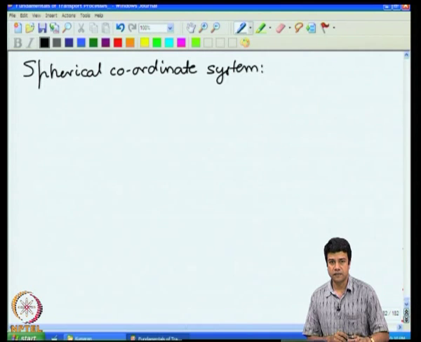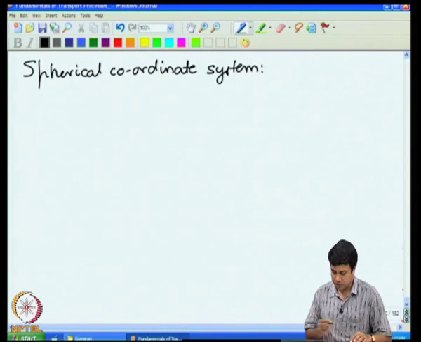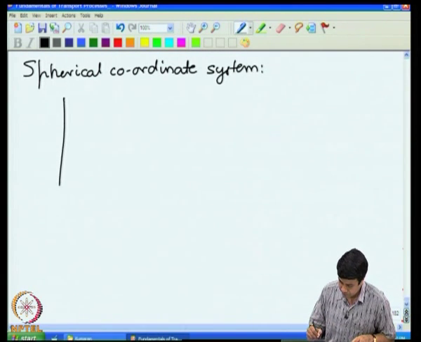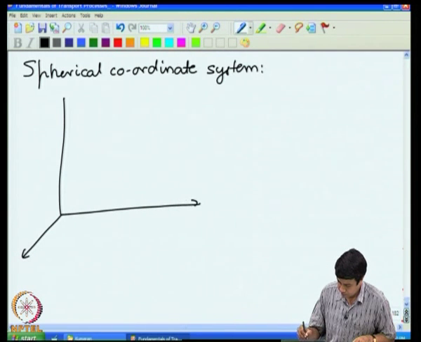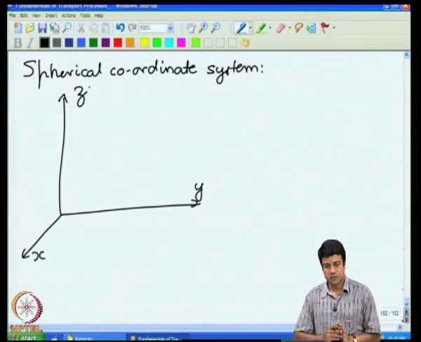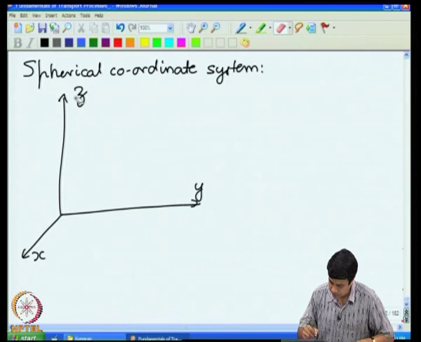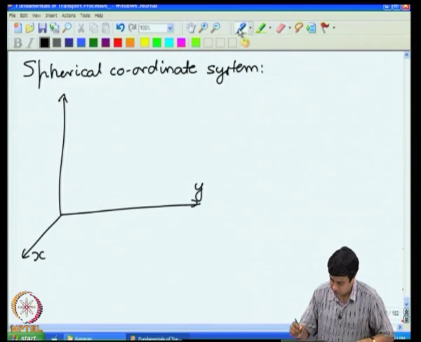Let us first define the coordinates in this coordinate system. So, x, y and z are the coordinates in a Cartesian coordinate system.